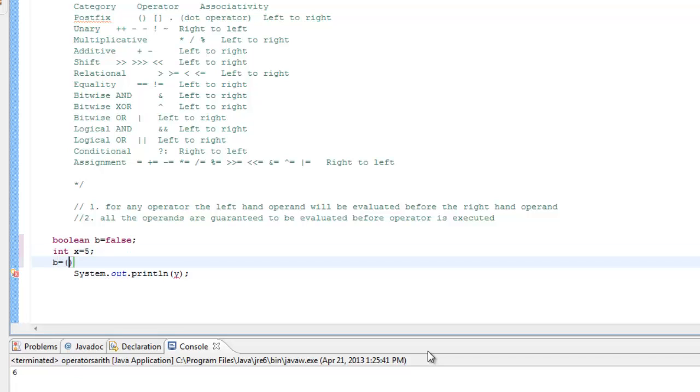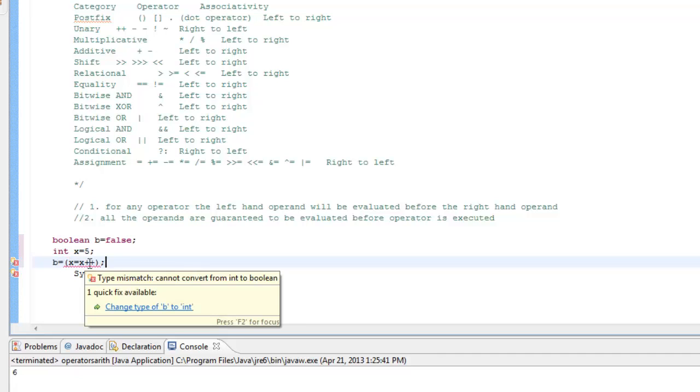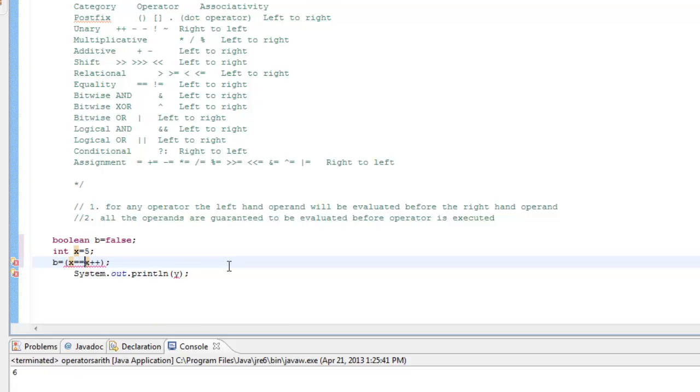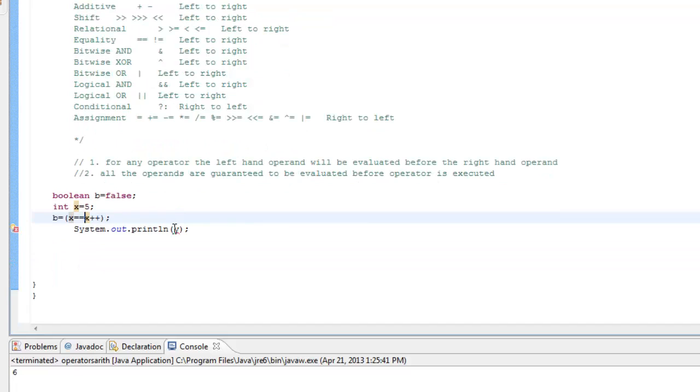In case I say b is equal to x double equals x plus plus, and I am printing b. So whatever the evaluation of this expression is, for an expression with double equals, this is the left hand side. So in case the left hand side is evaluated first, we have 5 double equals again 5, and then in memory x becomes 6. So this 5 double equals 5, which is true.